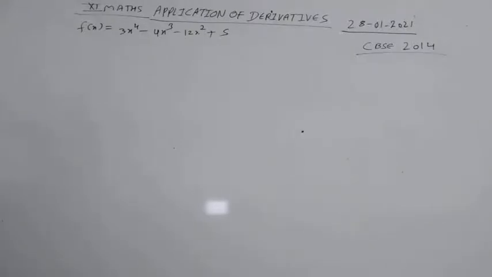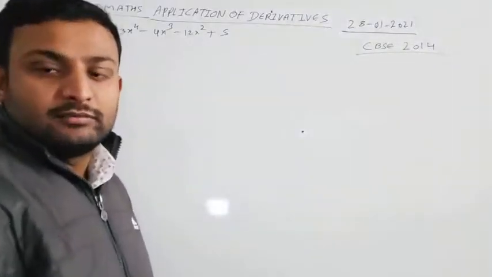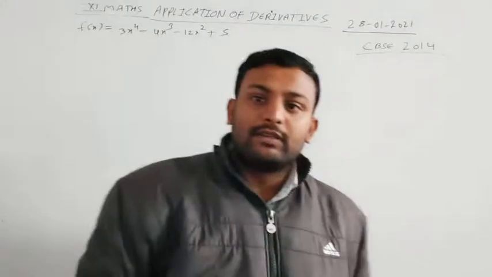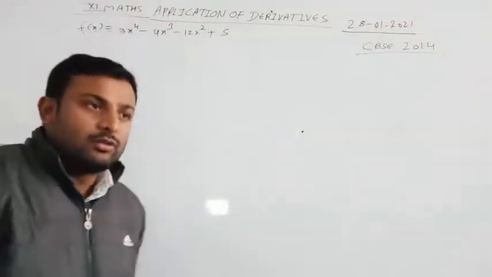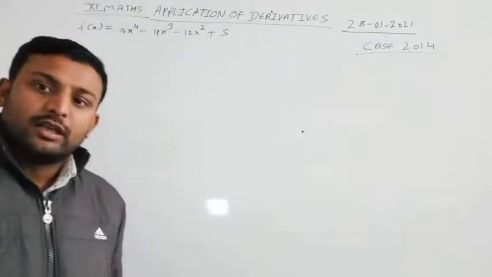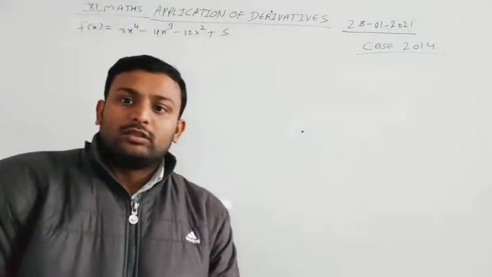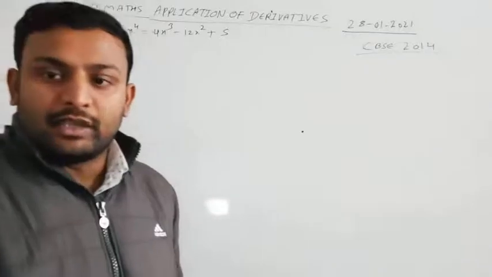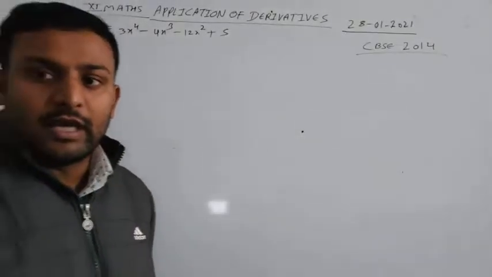Now, student, to find the interval, we first differentiate the function, then equate it to 0 and find the critical points. Then we substitute these critical points on the real line, make the intervals, and check in which interval the function is decreasing and increasing.